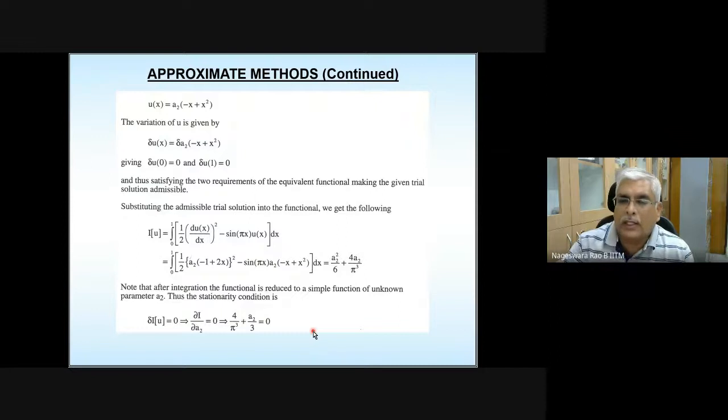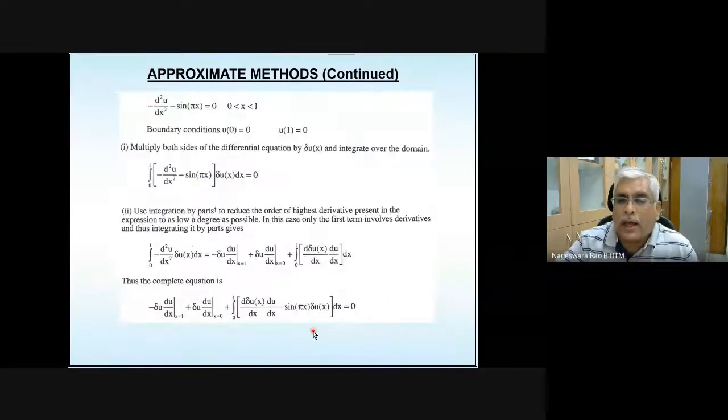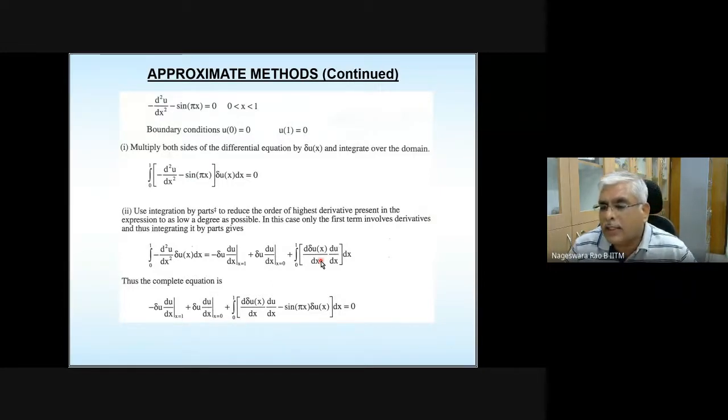Anyway, the point I want you to observe in today's class is integration by parts. One more important point you should have noticed: here, basically, the second derivative of u is there.